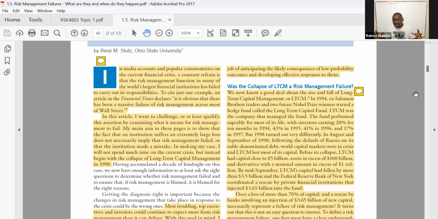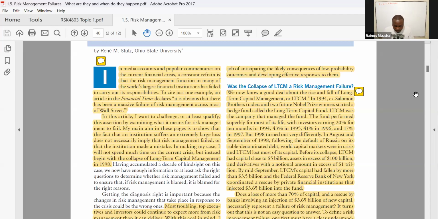Understand the context, so that when you're looking at application of risk management failures or identifying the risk management failures, you are able to understand exactly in which context it is, and how you can apply them based on the case study given.